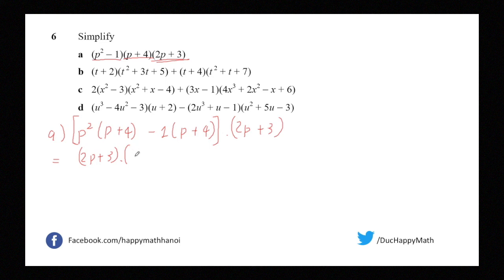And the second, in the bigger bracket, you got the p squared times with p plus 4, it means p cubed plus 4p squared minus p and minus 4. You got minus 4 because the minus 1 times with the plus 4. Simplify the bracket first.